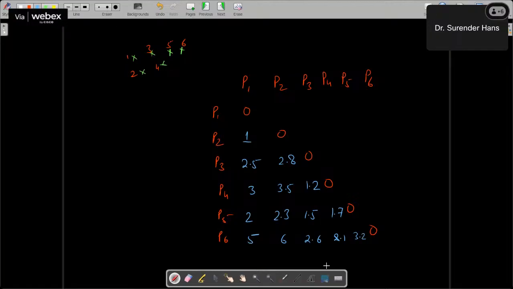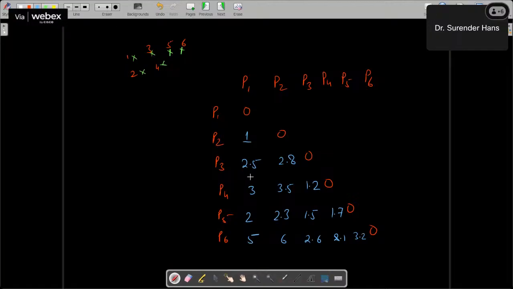Clear? Let me repeat the first one: that is the distance between the data points P1 and P2. 2.5 is the distance between the data points P1 and P3. Likewise 2.8 is the distance between the data points P2 and P3.